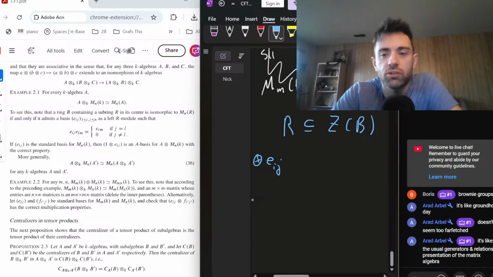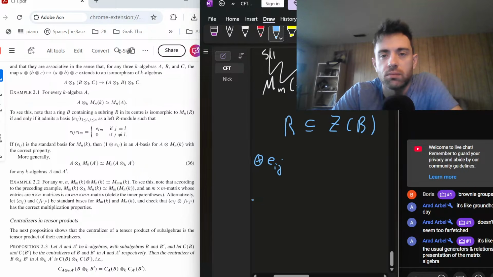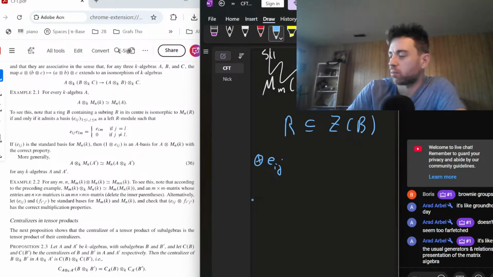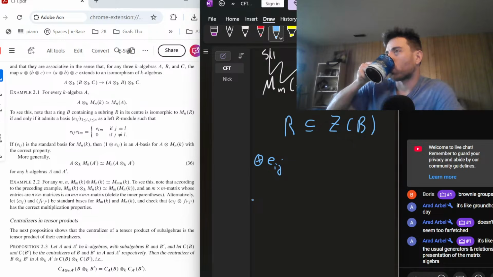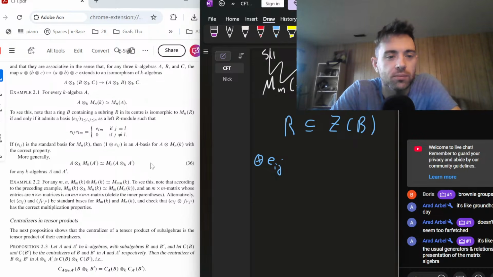But now to say, oh yeah, okay, I guess it is an if and only if. Okay, maybe it is obvious. Because if it is isomorphic, then of course you can choose such a basis. And if you can choose such a basis, then you build the isomorphism out of that basis. Okay.